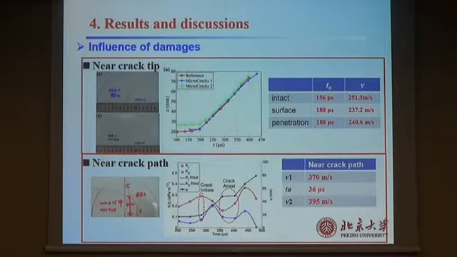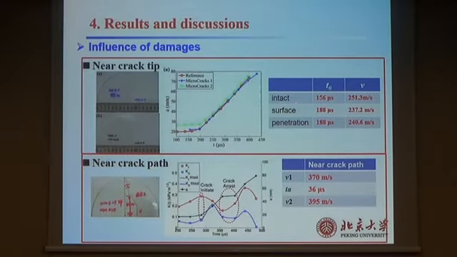This one is also something we want to consider: around this crack tip, on the surface, we use a hammer to give an impact, and there is some damage around this area. So you can see the green line; the red line is the perfect case, no damage around the crack tip. This is the transparent crack.